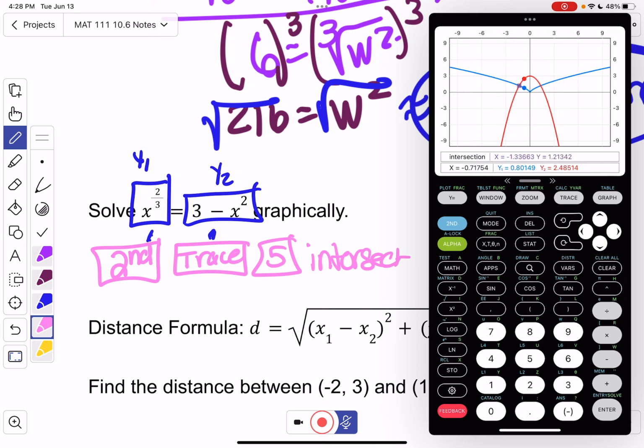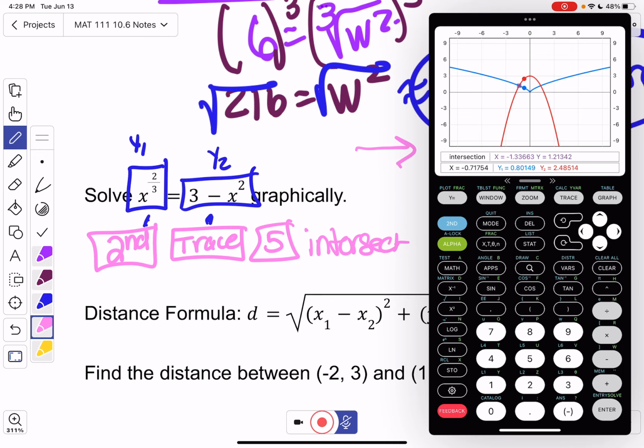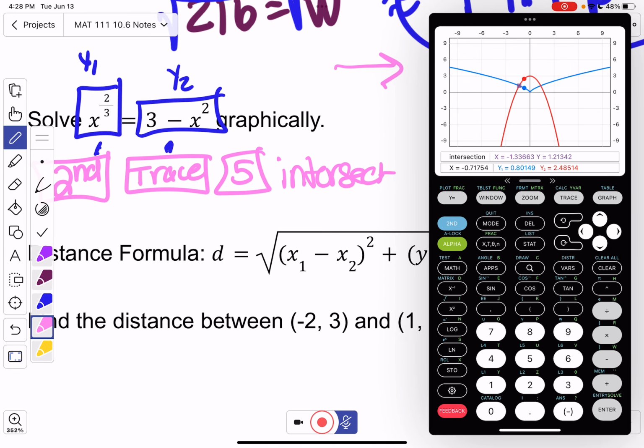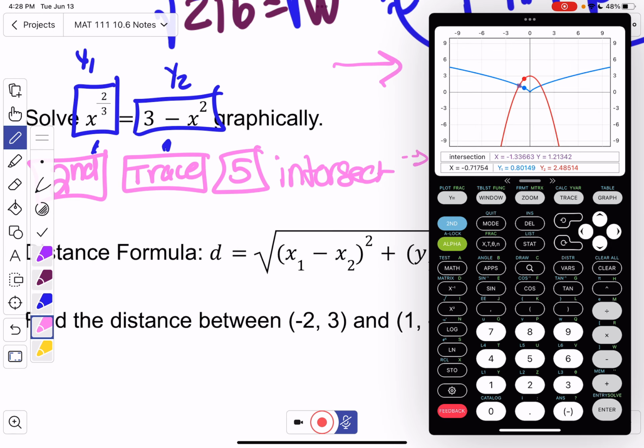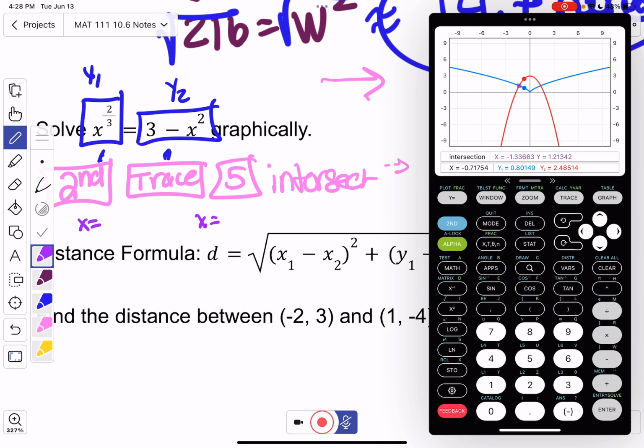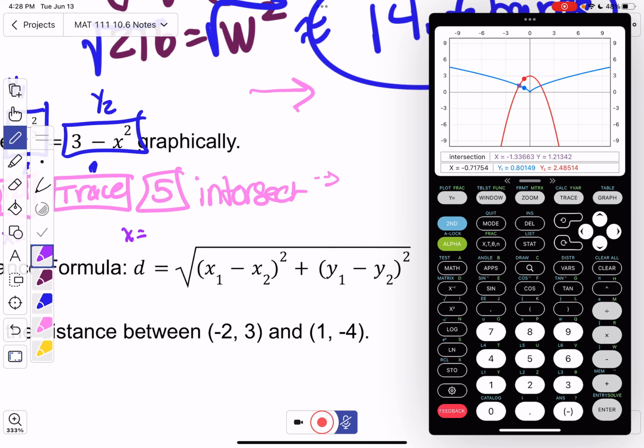If you have an actual graphing calculator, you're going to have to enter one more time to guess. And then down here at the bottom, it tells you the intersection. If you're using this app, it gives us the intersection point right here. If you're using the graphing calculator, it's just going to have x equals and y equals on the bottom of the screen. So the solution is the x.